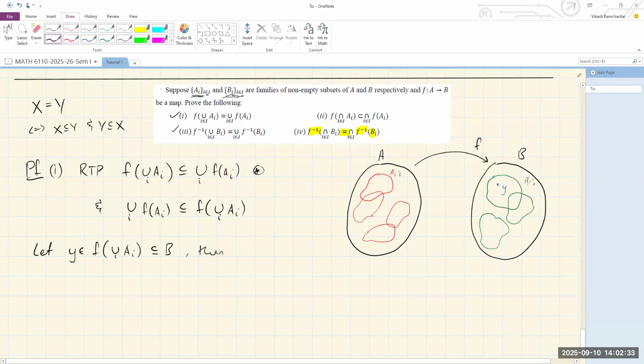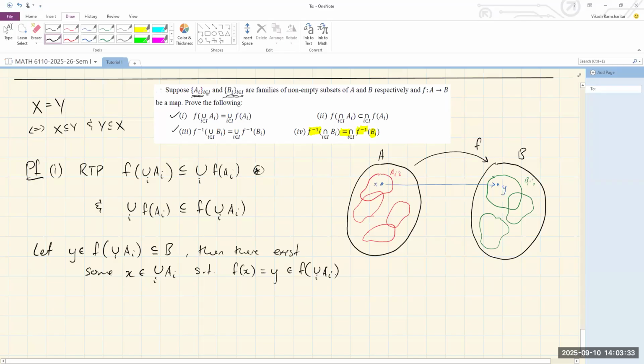Then, if Y belongs to this set and f is a function, it means that there is an element in A, let's call it X, that maps onto this Y. There may be more than one, because I don't know if f is injective or not, but there exists at least one X belonging to the union of the A_i's such that when I apply f to X, that is equal to Y, and I of course land up in this set.